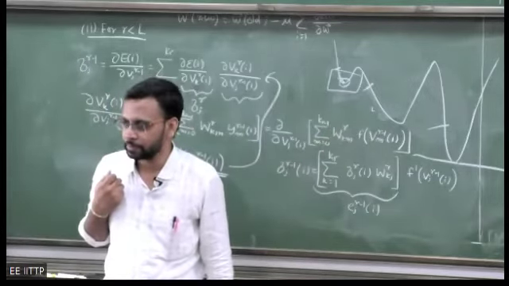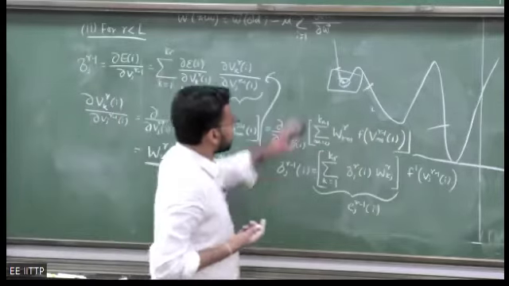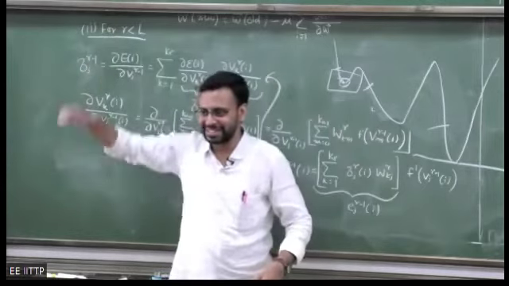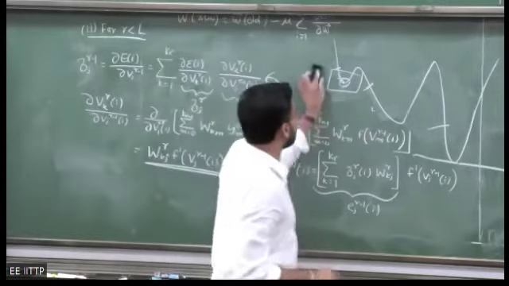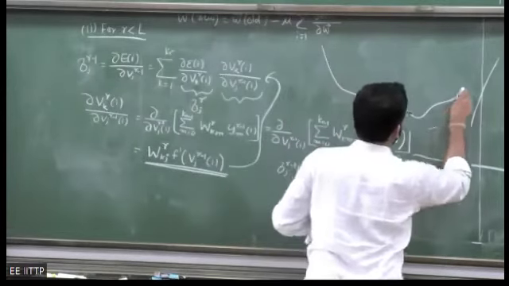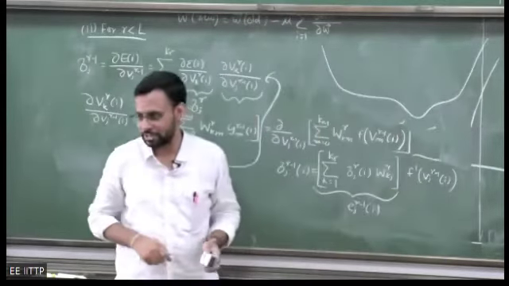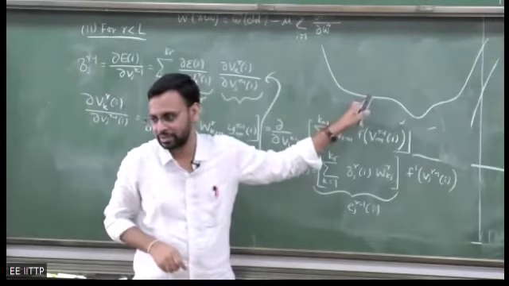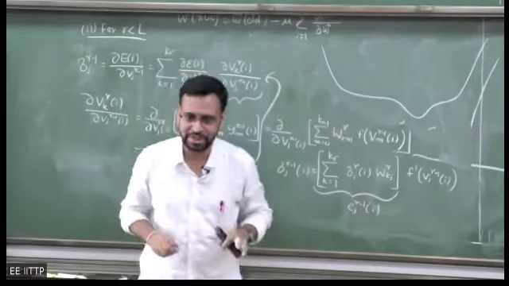Is that clear? Now, don't think that every time my function will have this nice kind of shape. This could also be my function. Then what will happen? Look at this slope here. This is almost 0, so I will not move anywhere.